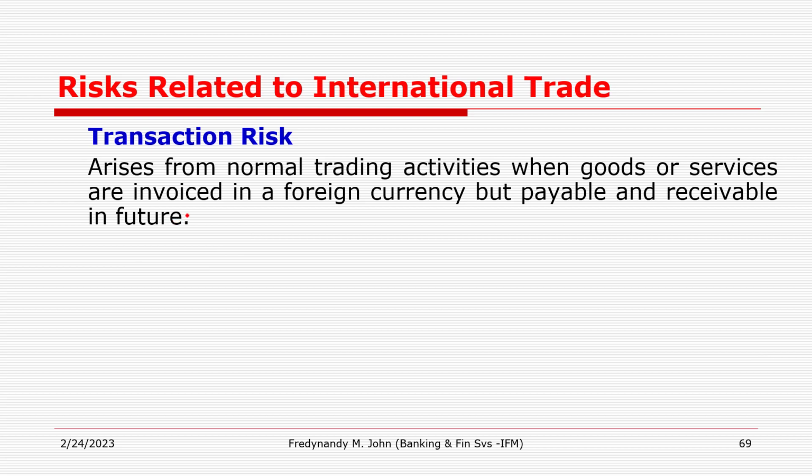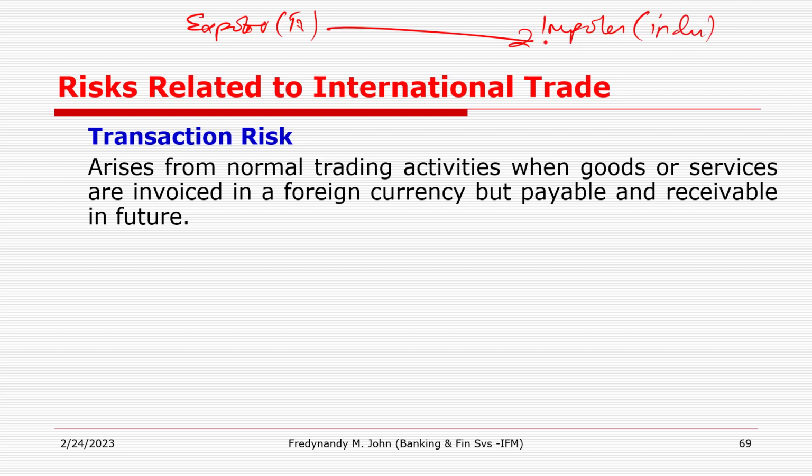That is to say, an exporter, this is a Tanzanian exporter, has entered into a deal with an Indian importer, where the Tanzanian exporter is supposed to ship 1 ton of cashew nuts, but he will be paid Indian rupees 450, 90 days from the date of shipment.